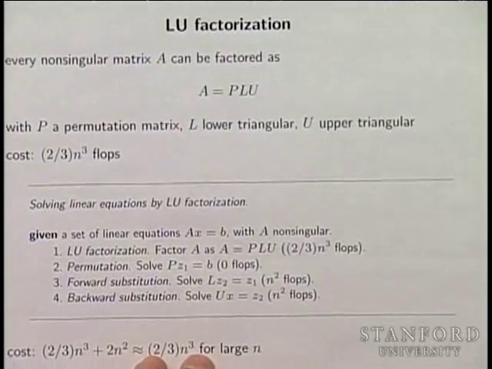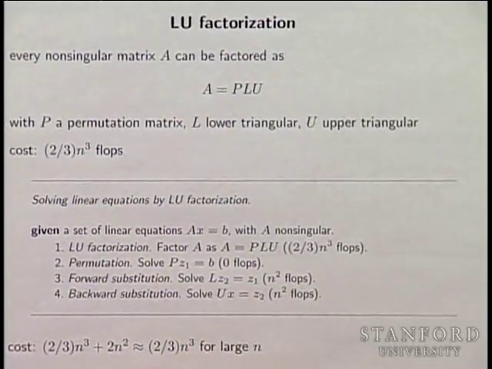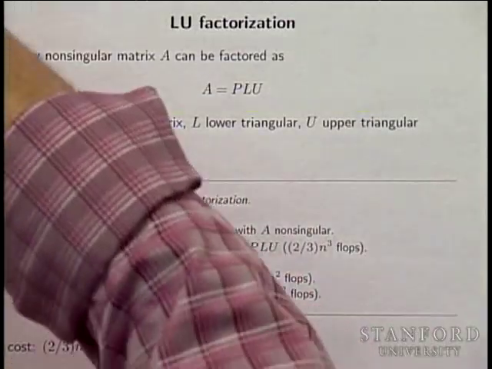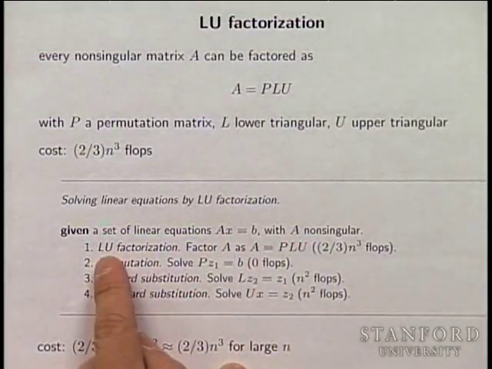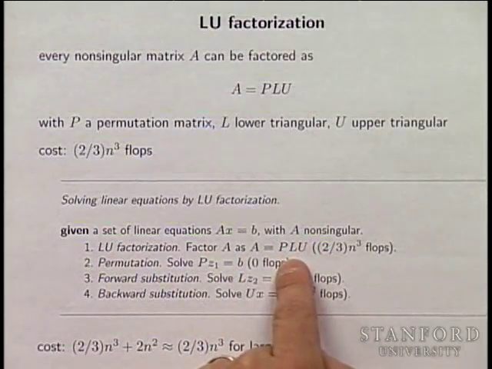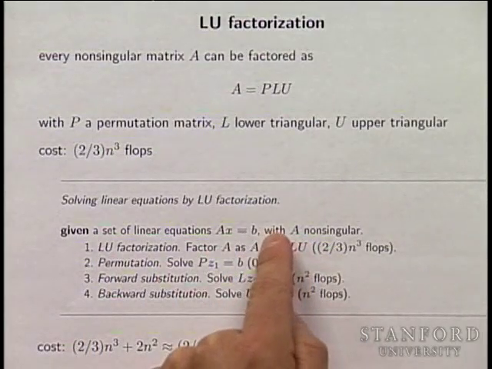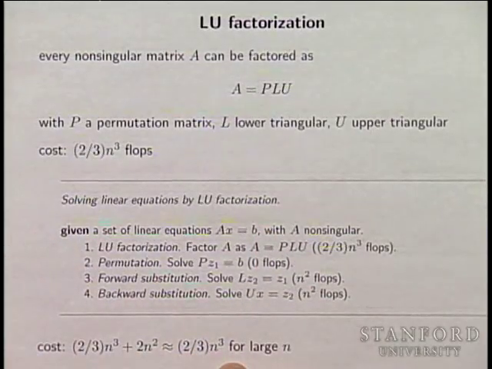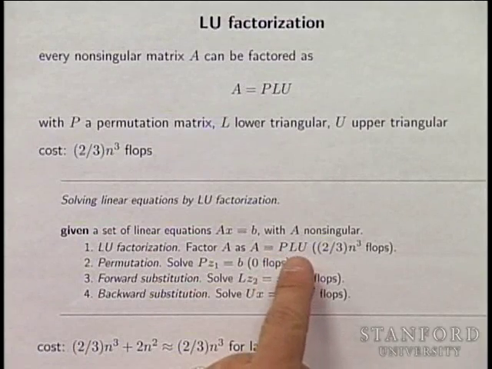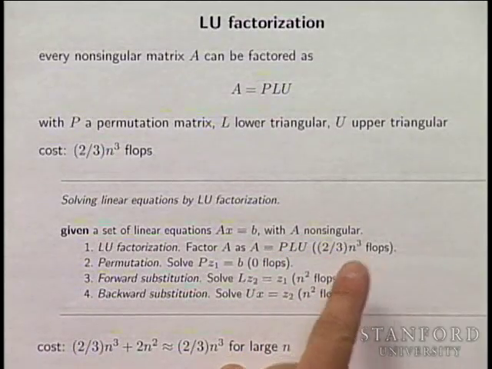Here's how you solve equations. This is what MATLAB does by calling LAPACK codes. You have AX equals B. A is non-singular, so it first carries out a PLU. This is called an LU factorization. The P is understood. So if someone says it's an LU factorization, they mean PLU. That's 2/3 n cubed flops.